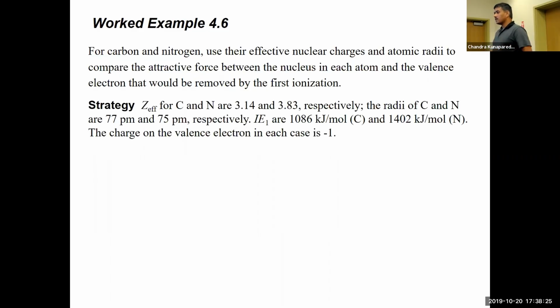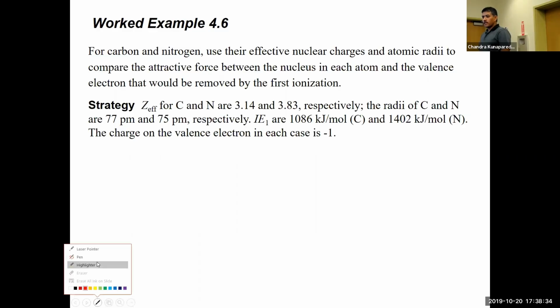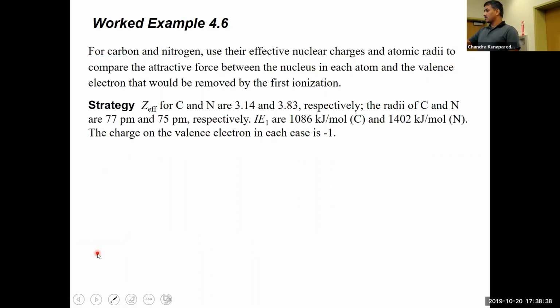Here, carbon has a Z effective charge of 3.14, while nitrogen has a Z effective charge of 3.83. So we already know that there is a trend in ionization energies. We know that nitrogen should have greater ionization energy than carbon because nitrogen is placed to the right side of carbon in the periodic table. So we know the answer by the trends in the periodic table, but here we are trying to show it with an example.